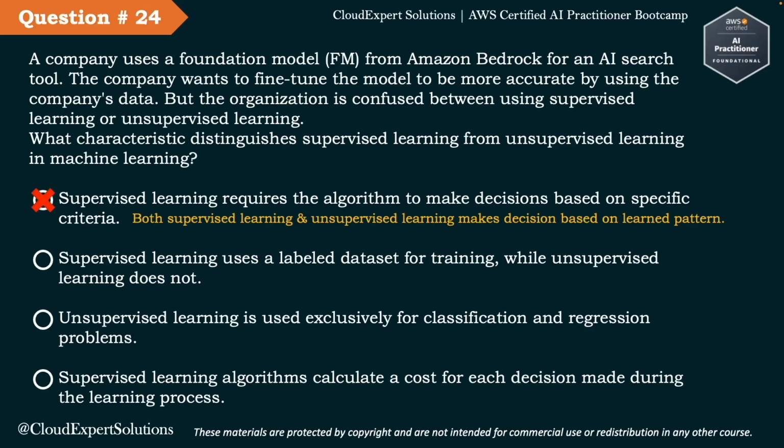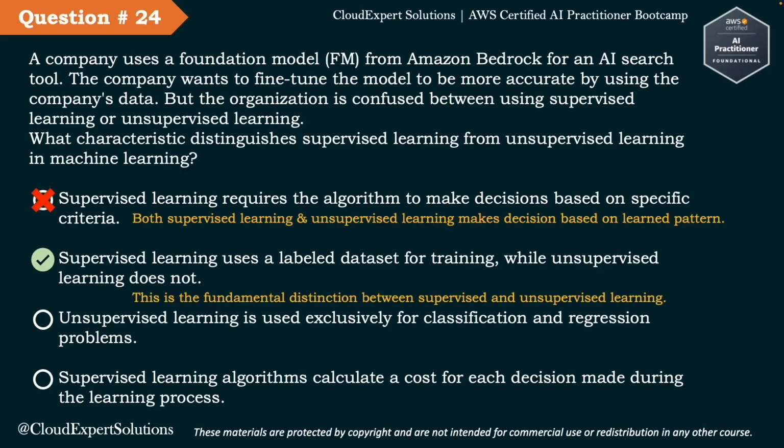Moving to option number 2, supervised learning uses a labeled dataset for training, while unsupervised learning does not. This is the fundamental distinction between supervised and unsupervised learning, because supervised learning requires labeled data, while unsupervised requires unlabeled data. That is why this is a potential correct option. Let's park it and review the other options.